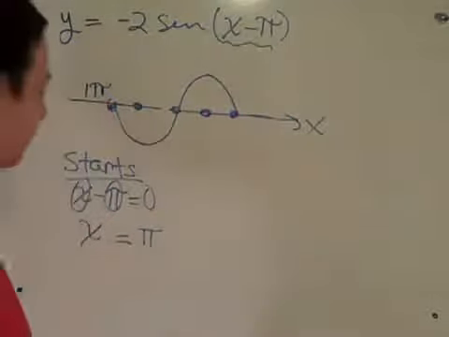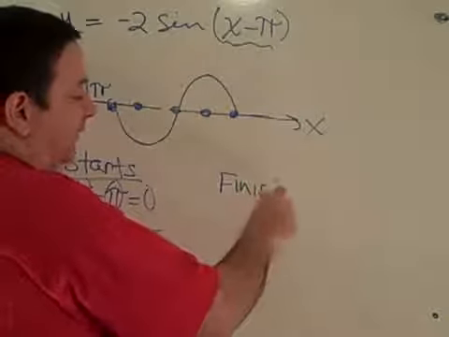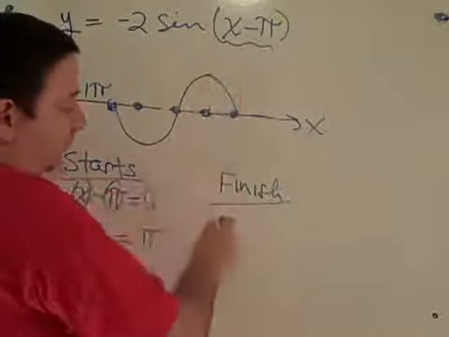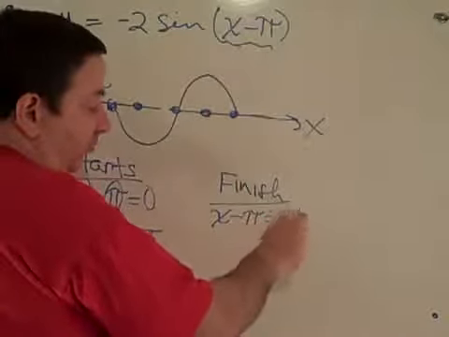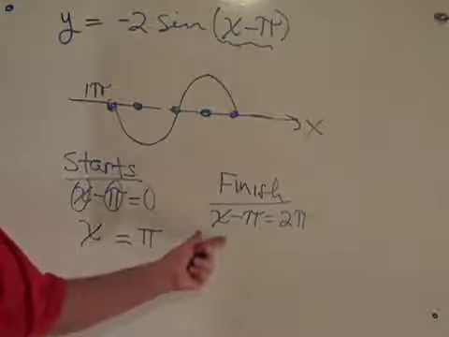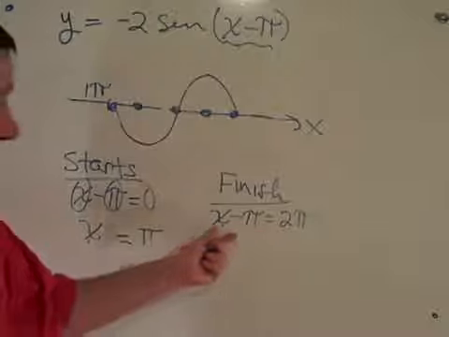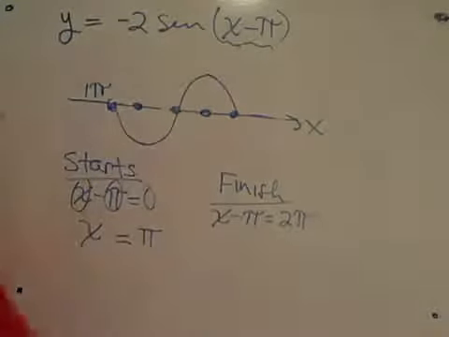1 pi. Each and every sine graph finishes when the angle x minus pi is equal to 2 pi. Now you should really know if you have 3 pi's and you take away a pi, you'll be left with 2 pi's.